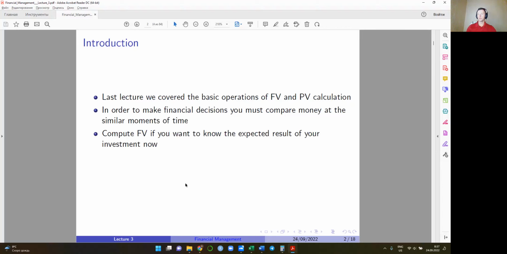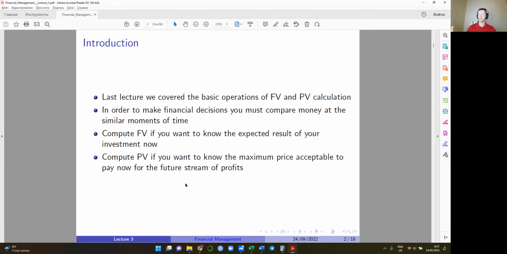If you want to know the expected result in monetary terms of your current investment, usually this is about bank deposits, compute future value. If you want to know the maximum price that you are ready to pay for some future stream of payments, profits, whatever, compute present value.